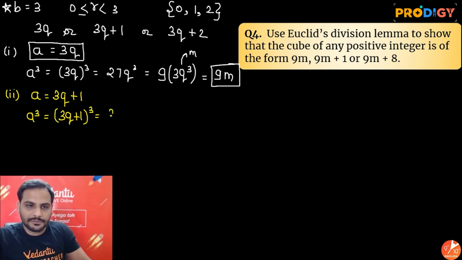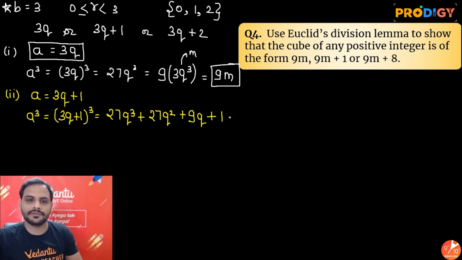So a cube will be 27q cube, plus 3 into a square into b, so 3 into 3q square, so 9q square, 9 3s are 27 into 1, so plus 27q square, plus 3ab square, so 3 into 3q into 1 square, which is 3 3s are 9q, plus 1 cube, which is 1.